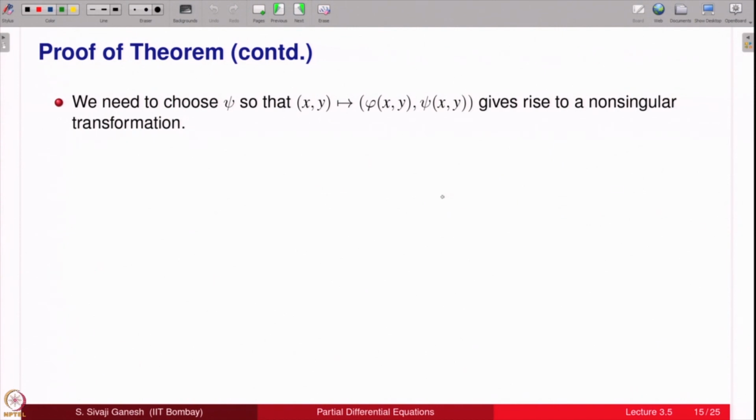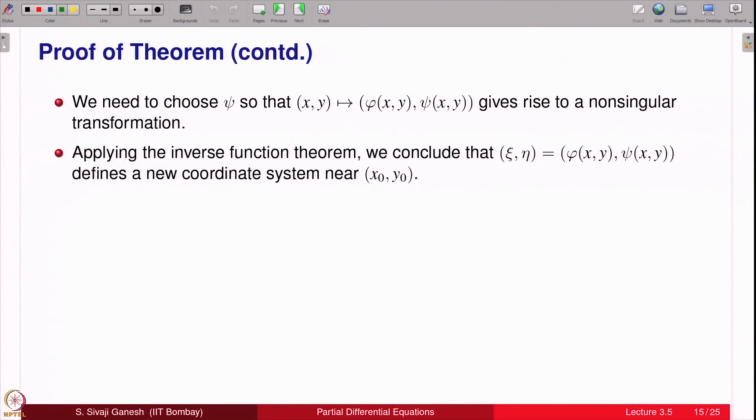We are looking at only x0 y0. So, applying the inverse function theorem, we conclude that xi eta equal to phi xy, psi xy defines a new coordinate system near x0 y0. We have to find psi such that non-singularity of this transformation is satisfied, then the rest will follow.